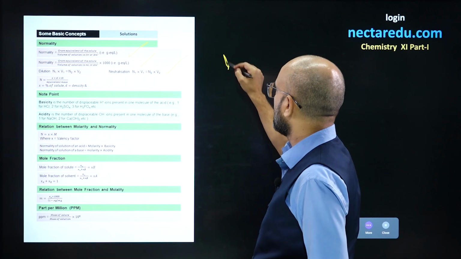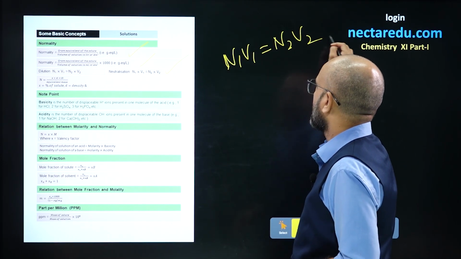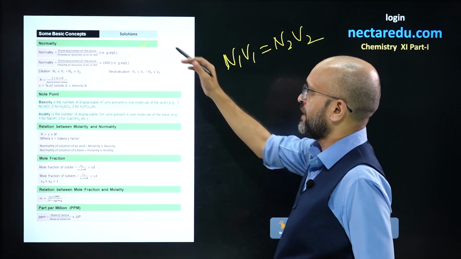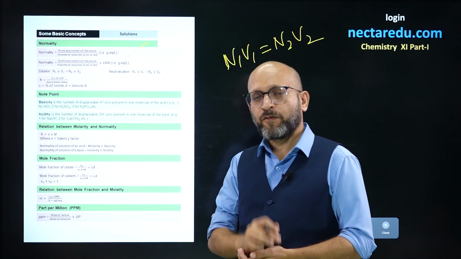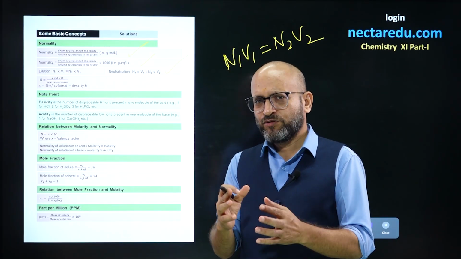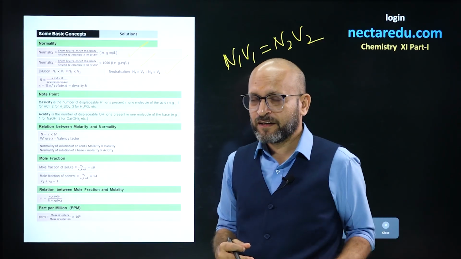Alright, N1V1 equals N2V2 is the formula for neutralization. And what is normality? Normality we have discussed just now, that normality is gram equivalence upon volume of solution in liters. If normality is already given, then you need not calculate. If it is not given, you have to calculate.